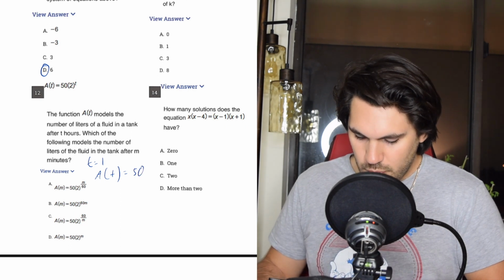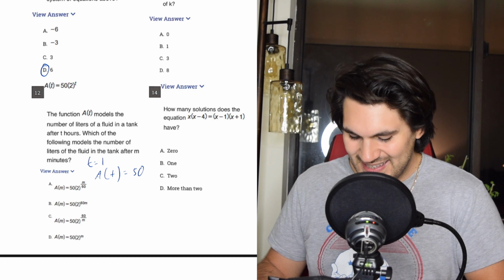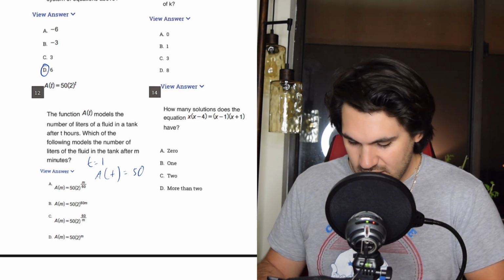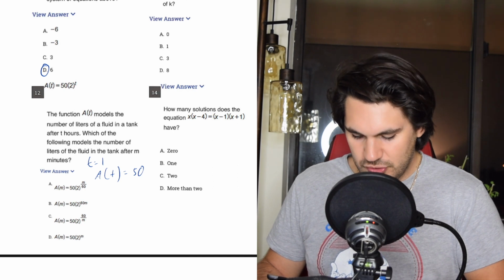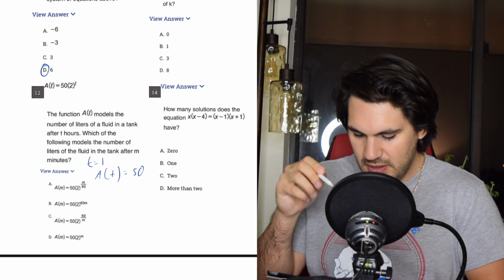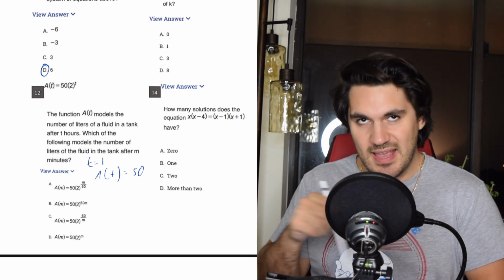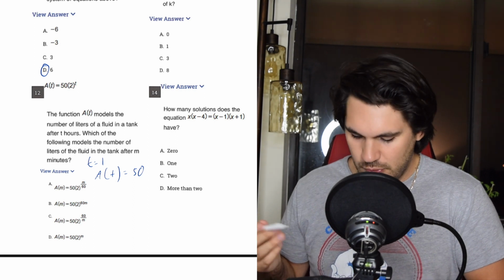So if we're doing minutes, 1 hour has 60 minutes in it, right? So whichever answer choice, if we plug in 60 for m, gives us 50 as the answer, that's going to be the answer, because there are 60 minutes in an hour.